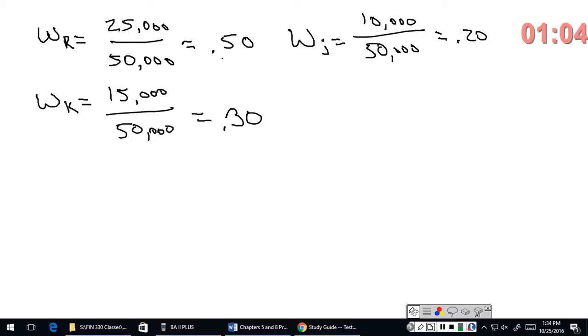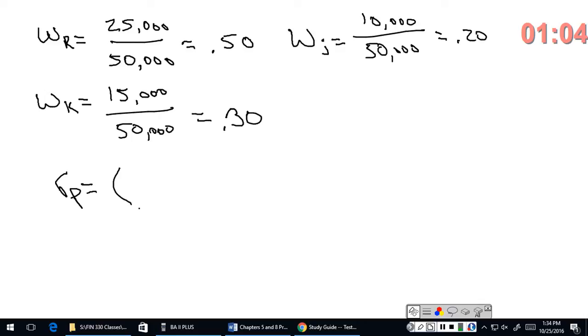Now these need to add to 1.0 or 100%. So if we take a look at this, 50 plus 20 plus 30, that does equal our 100%. Now the next step, once we have our weights, is for our formula for the return of a portfolio, it's going to be the weight of each asset times the expected return of each asset.